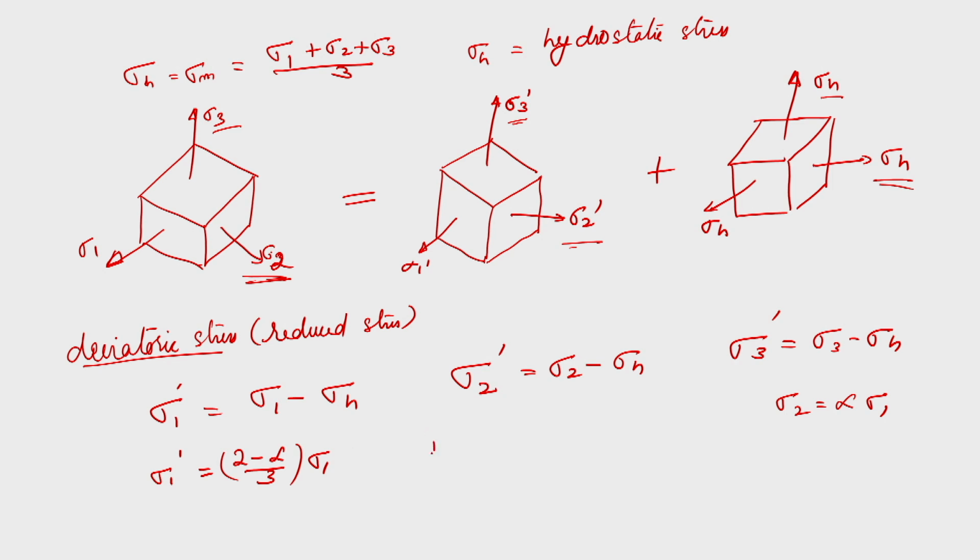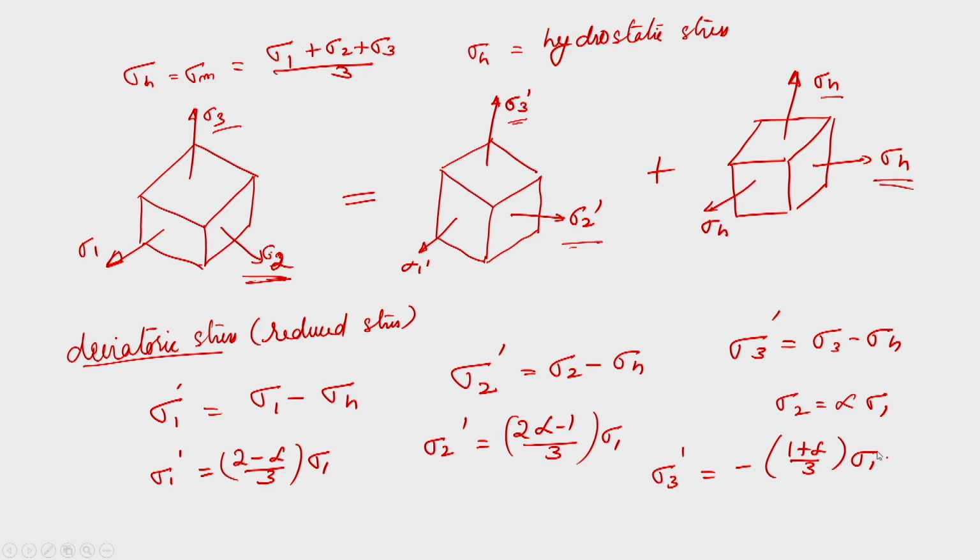Similarly, sigma 2 dash is equal to 2 alpha minus 1 by 3 into sigma 1, because you can easily measure sigma 1, and sigma 3 dash is equal to minus of 1 plus alpha by 3 into sigma 1.